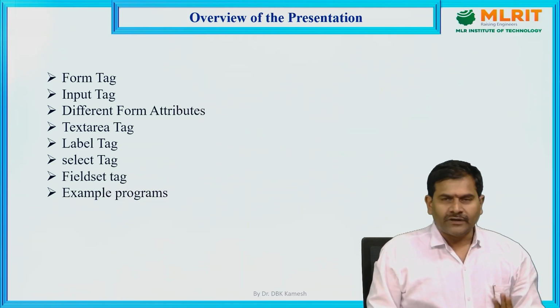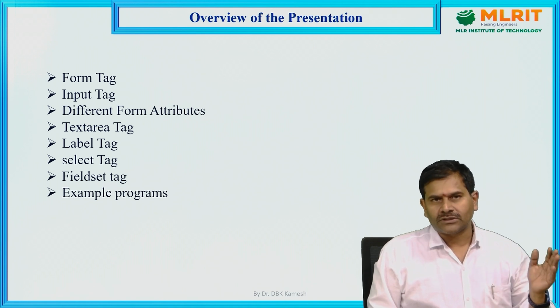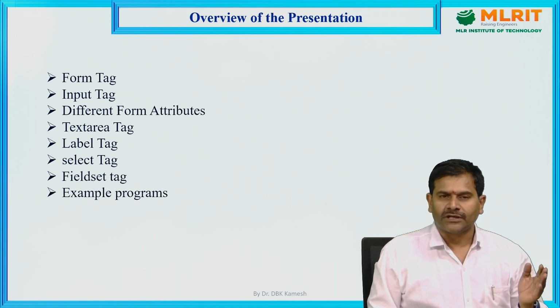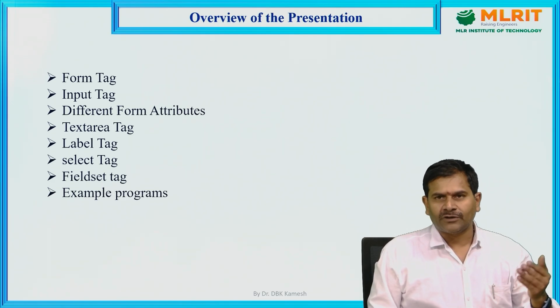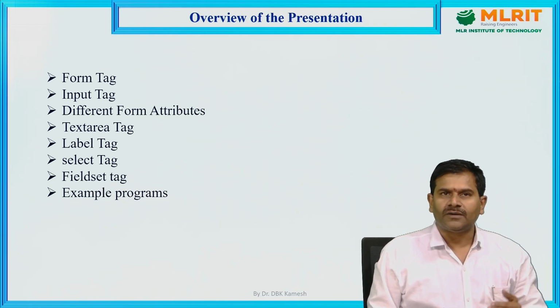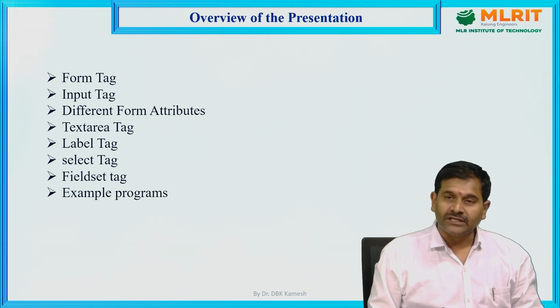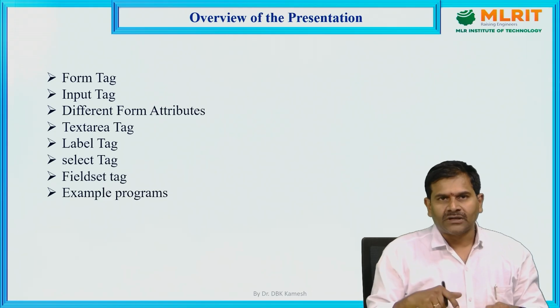Why is it required? If you use any kind of front-end application, first we will use a username and password, or whatever form tag we have. Based on that, these are the forms we require, and this is how you can use form tags on a particular web page.